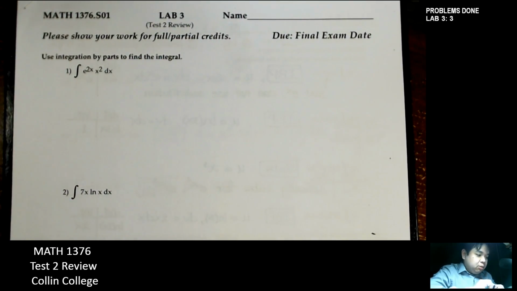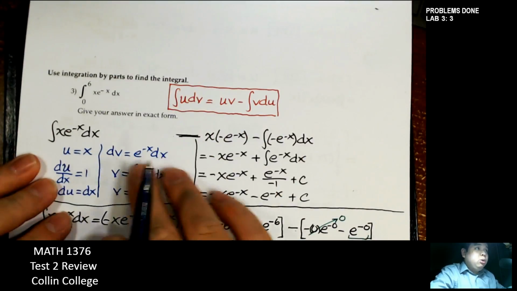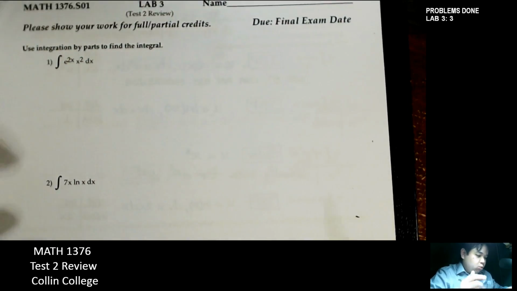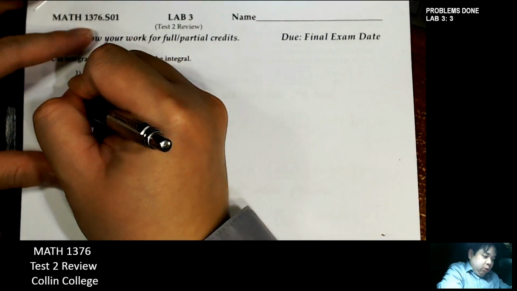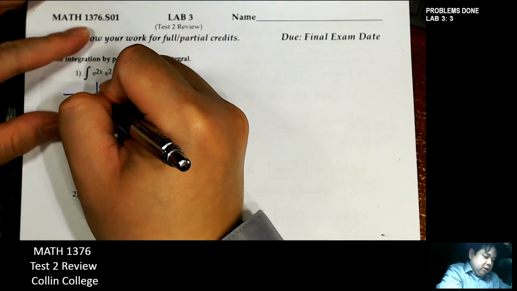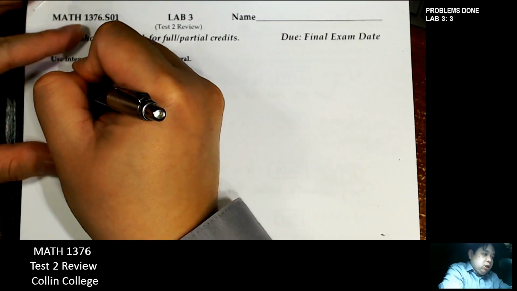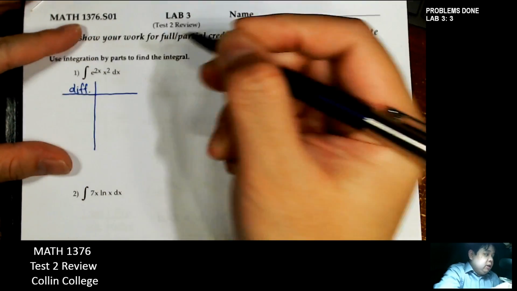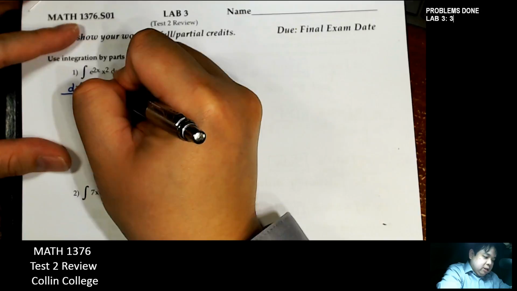So on this one, we'll do kind of the same thing. We'll have u and dv, but instead of just writing u and v, I will write in general something we want to differentiate and something we want to integrate.